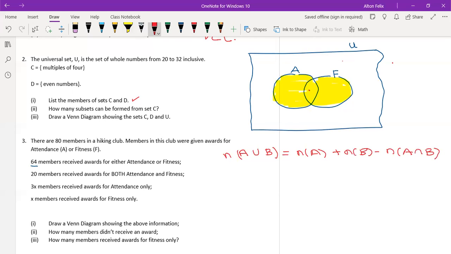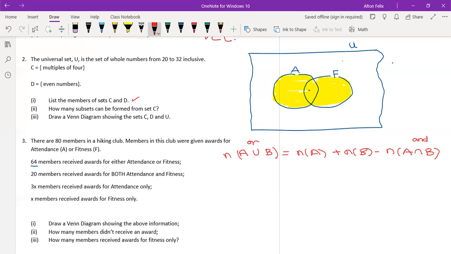So the number of members in A or B is the number of members in A plus the number of members in B minus the number of members in A intersect B, or A and B. Okay, so let us not confuse what symbol in set is used for or and what symbol is used for and. Intersection and union, or.